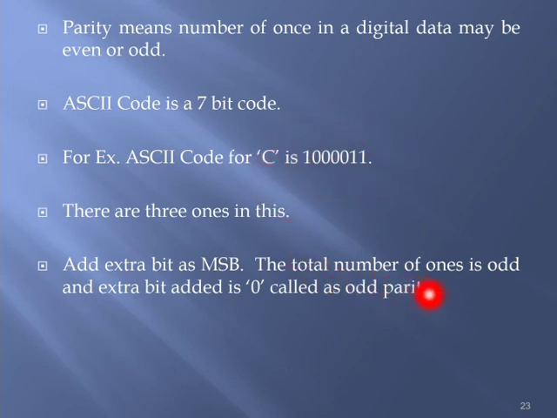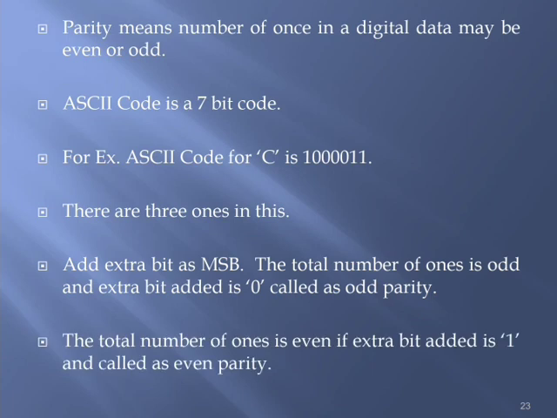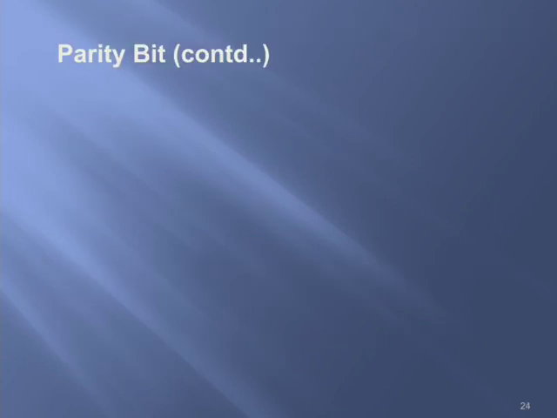That means it becomes odd parity because there is an odd number of ones. So if 0 is added as MSB, the total number of ones is odd and that is called odd parity. If 1 is added, then what will happen?